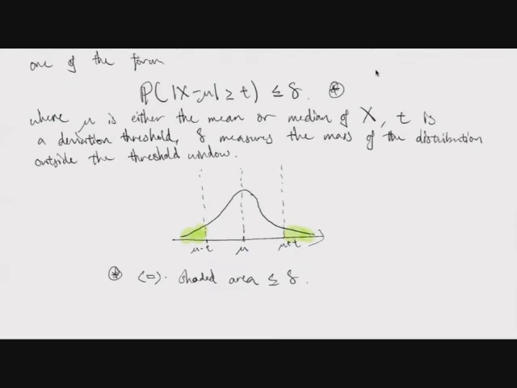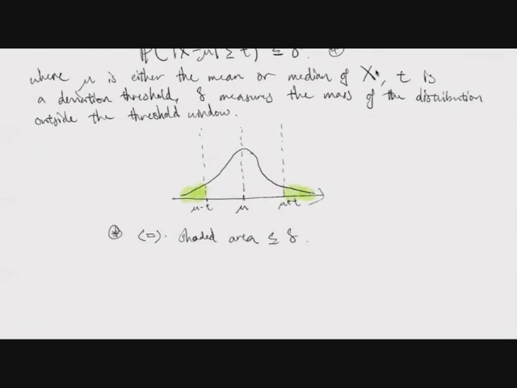This is actually a two-sided concentration inequality, in the sense that we want to bound the probability that X is distance t away from mu in either direction. But sometimes you may also be interested in one-sided inequalities.